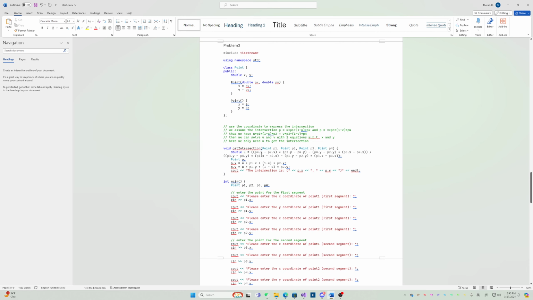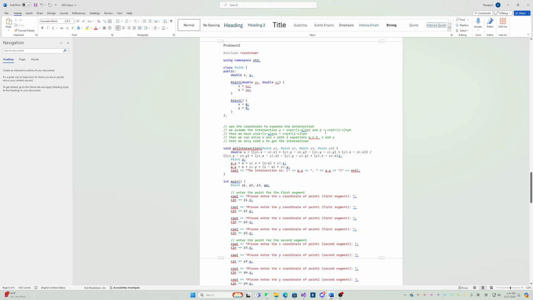Then is problem 3. Problem 3, because the question says the 2 line segments have to cross each other, we use P1 and P2 as the 2 points of the first line segment, and P3 and P4 as the 2 endpoints of the second segment. And we have u, a scalar number between 0 and 1, and we can use this to interpolate any point between P1 and P2.